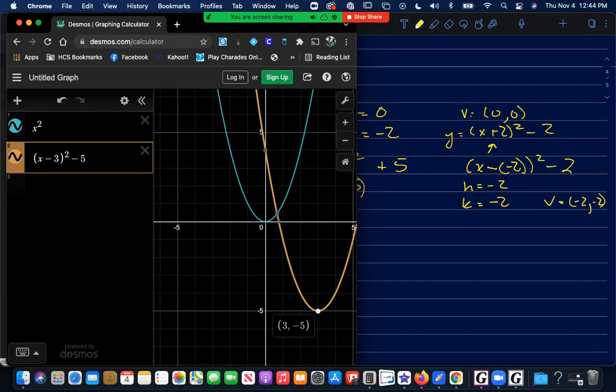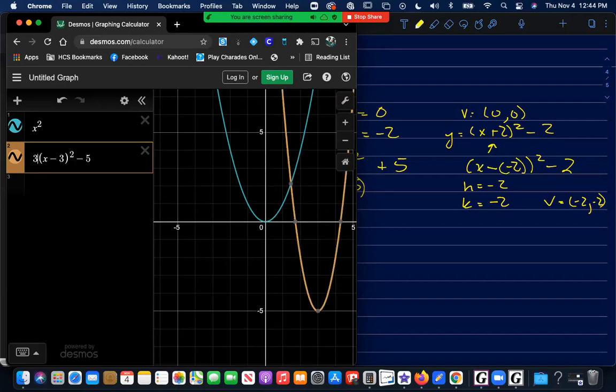After you find the vertex, then you have to determine how you want to go up. So for example, if you had 3 on the outside, rather than going up 1 over 1, you're now going to go up 3 over 1. So rather than going up 1, then up 3, then up 5, you go up 3, then up 9, then up 15.